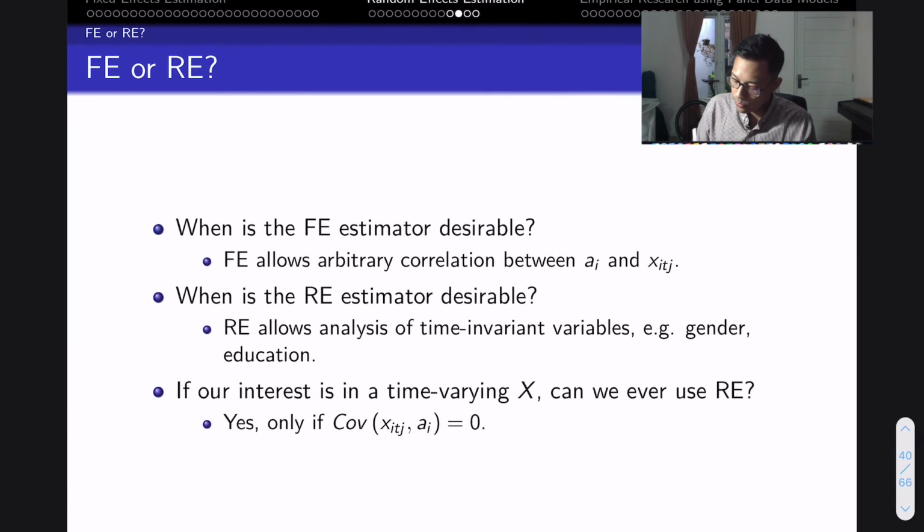On the other hand, when is the random effects estimator desirable? Random effects allows analysis of time invariant variables such as gender or years of schooling and so on.